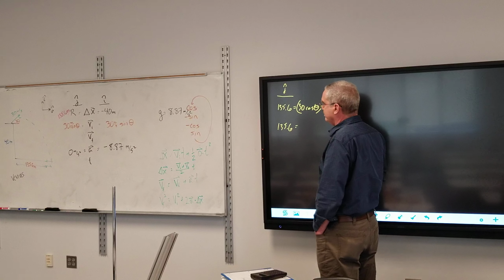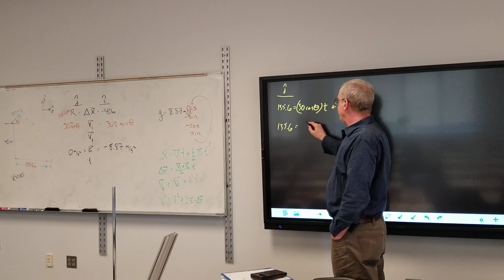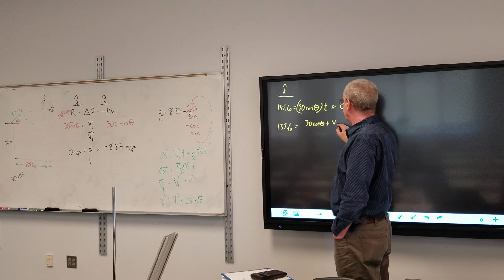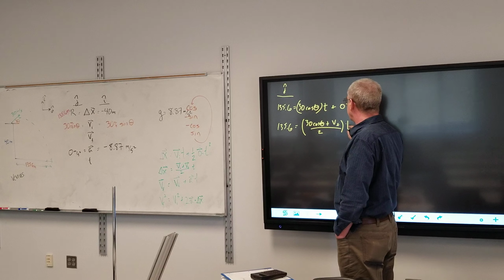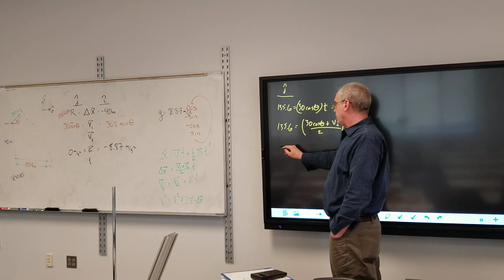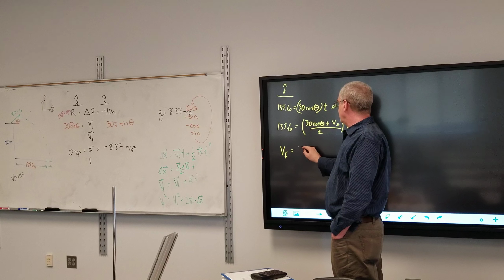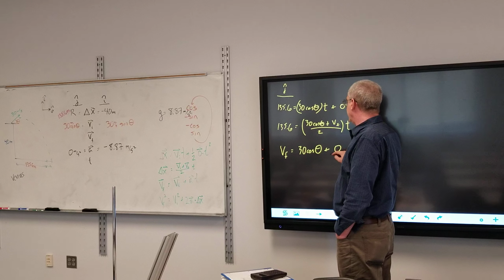Plus 0, horizontal. Then we have 135 is equal to 30 cosine theta plus v final divided by 2 times time. We've got v final is equal to 30 cosine theta plus 0.